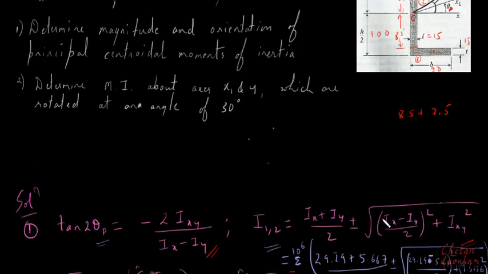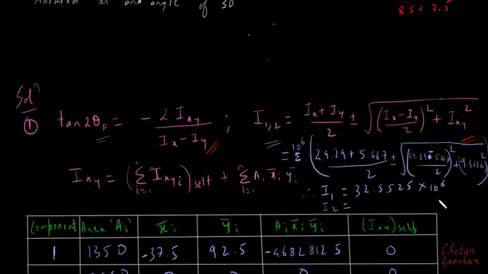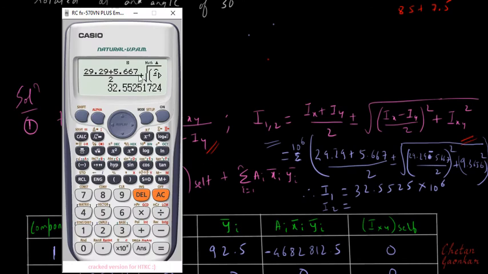And then if I want to find the I2 value, what I need to do is change this sign from plus to minus, because I1 is plus and I2 is minus.